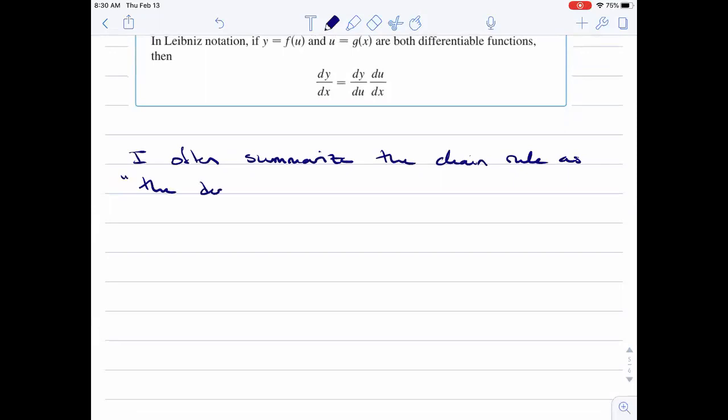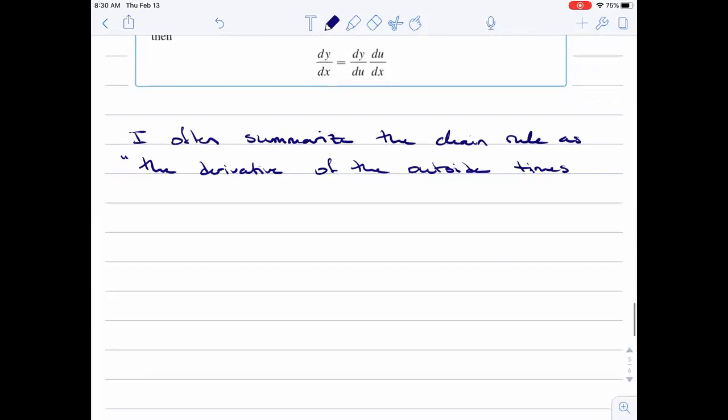as the derivative of the outside times the derivative of the inside, right?